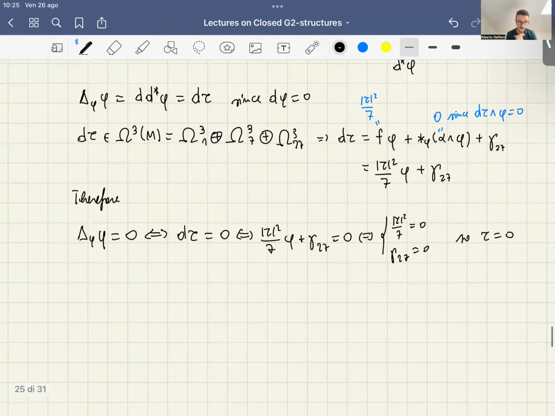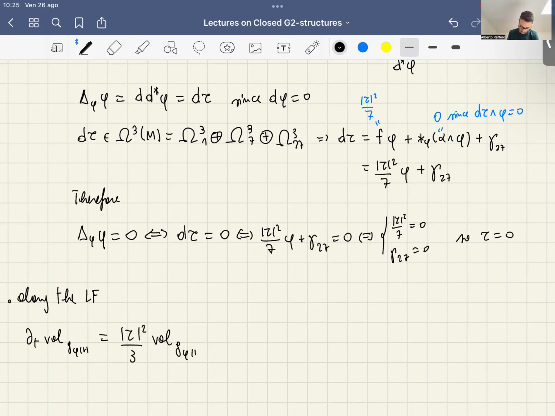So these are some first observations, and some other observations you can make regard how the objects that the 3-form phi induces evolve along the flow. And in particular, along the Laplacian flow, the volume form induced by the metric g phi evolves as follows. It is given by the squared norm of tau over 3 times the volume form of g phi t.